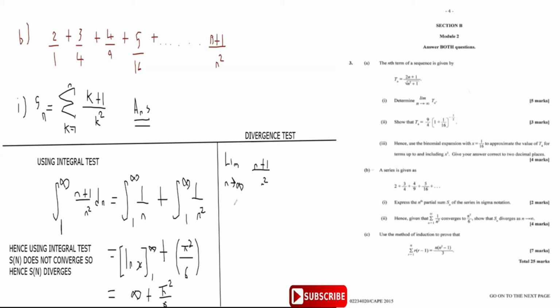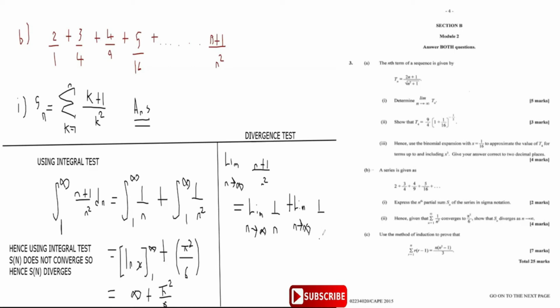Now the limit of this is going to be equal to, we can again separate this, the limit as n goes to infinity of 1 over n plus the limit as n goes to infinity of 1 over n squared.